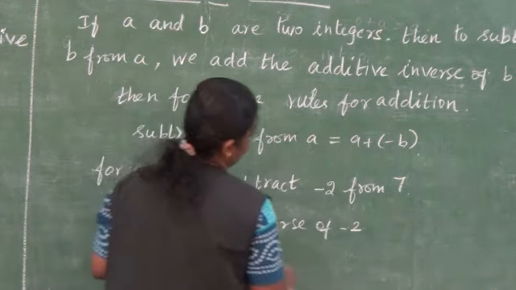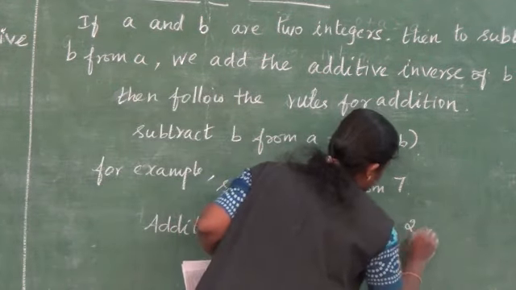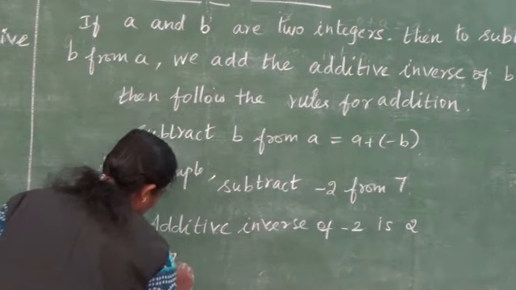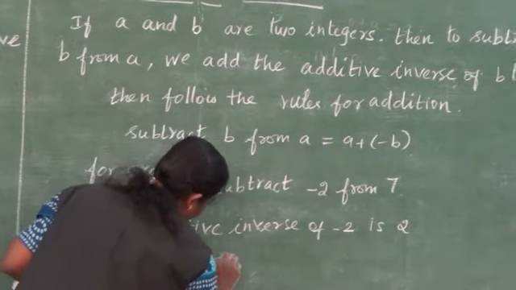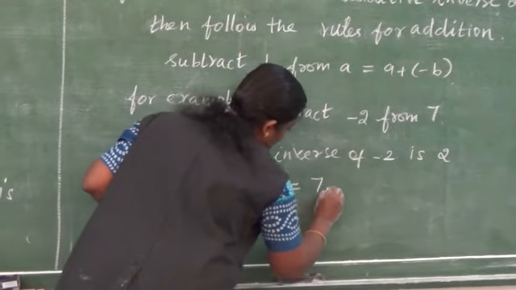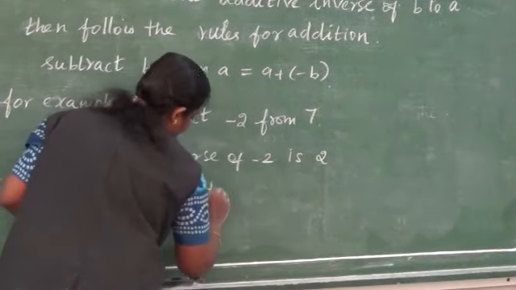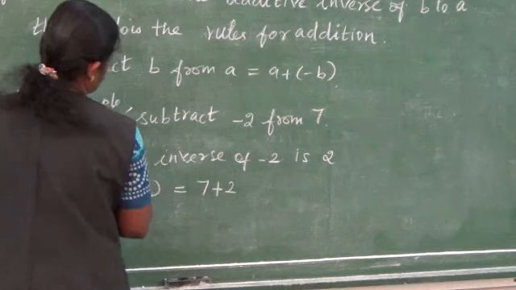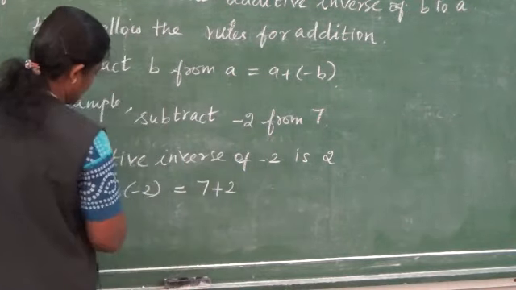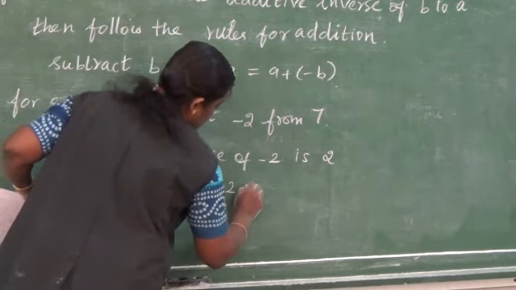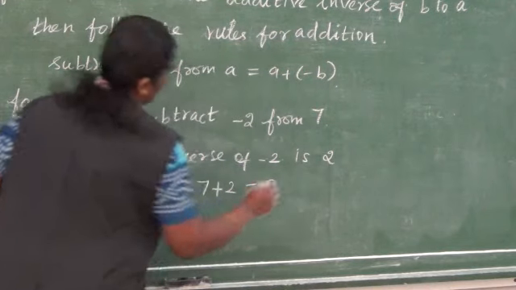So the additive inverse of minus 2 is 2. So 7 minus minus 2 is equal to 7 plus 2, because the additive inverse of minus 2 is 2. So 7 plus 2 is equal to 9.